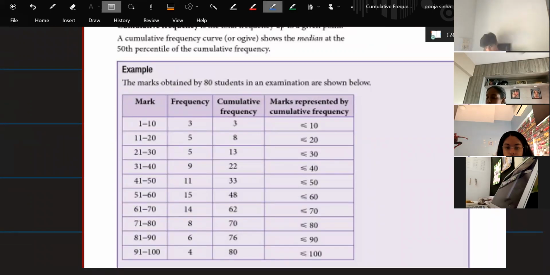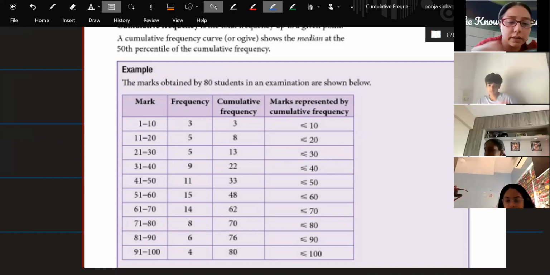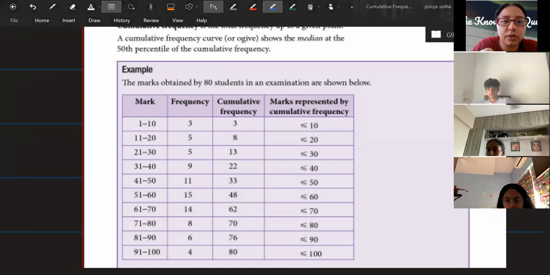So look at this now. You are going to total only till where I ask you. So I'm going to hide a certain portion for you and ask you what is the total frequency up till that level. So you have to give me the answers.